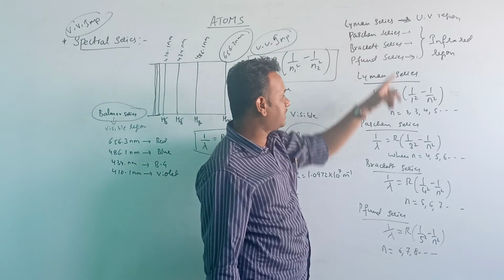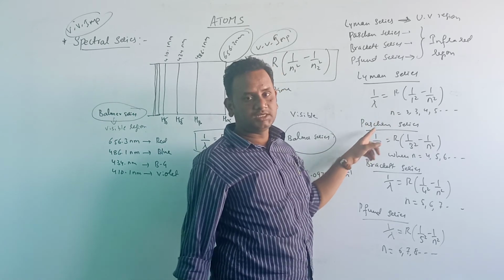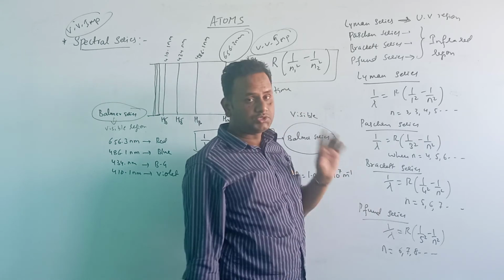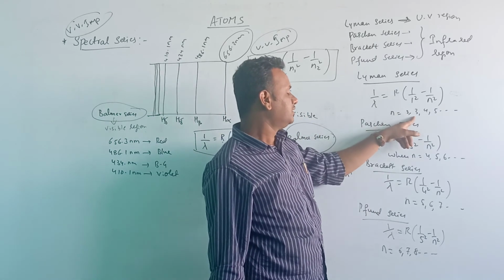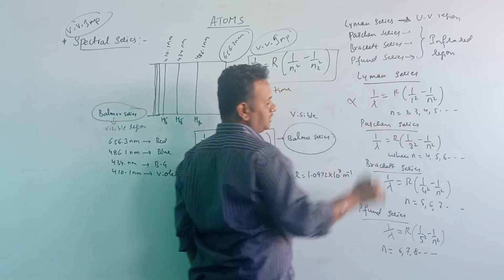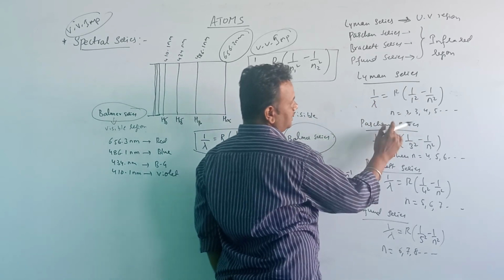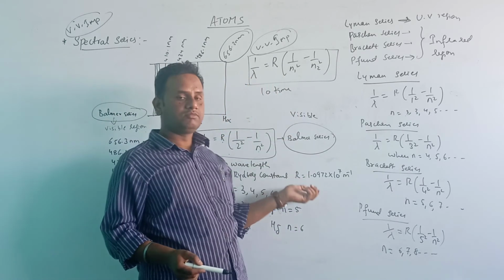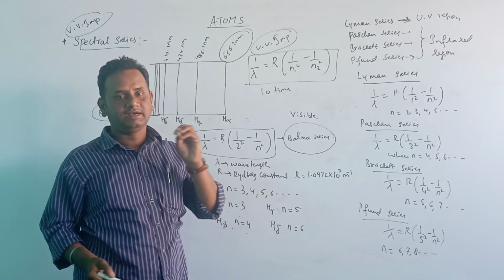For Lyman, Paschen, and Brackett, practice 5 times each. You should remember the n values here; if you write n equals 3 for the Lyman series, it will be wrong.